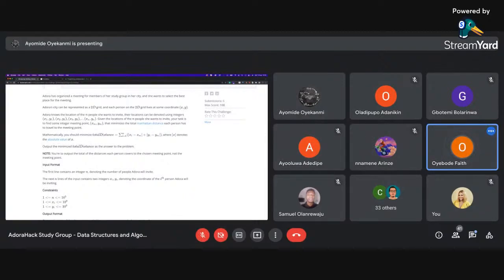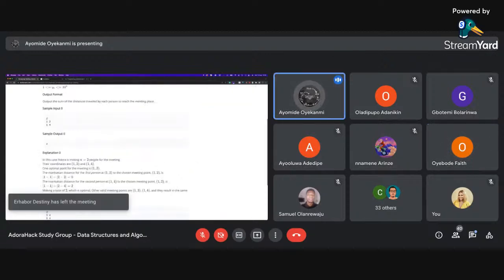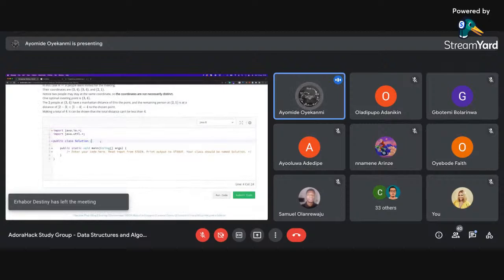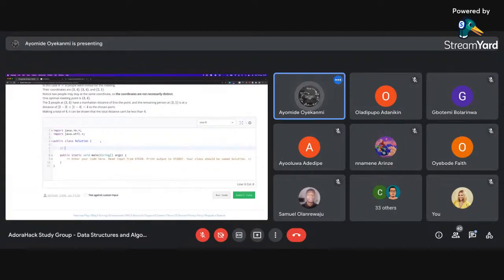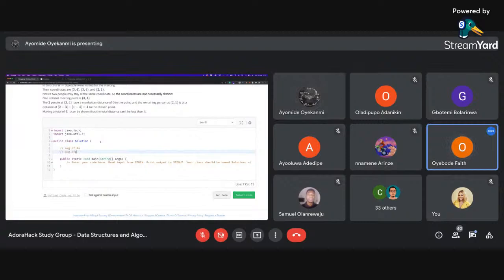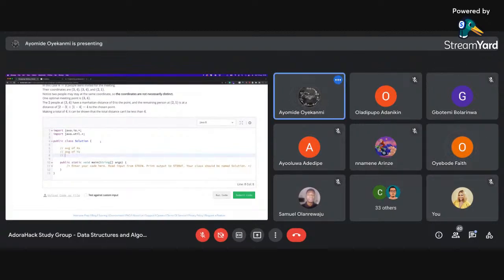I feel that should be the value of the x and the value of the y based on those operations, and those should be the optimal meeting point. Okay, I like that. That sounds interesting, right? So you're saying that we should get an average of the x's and an average of the y's, and your value would be the average of x and the average of y. That'll be the distance. Yes.